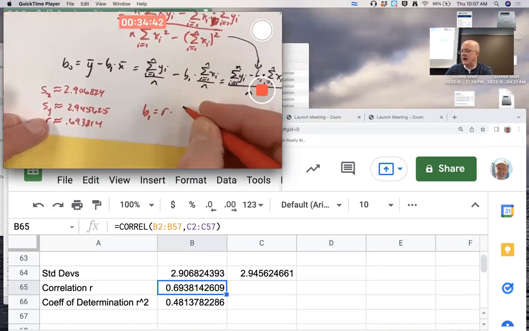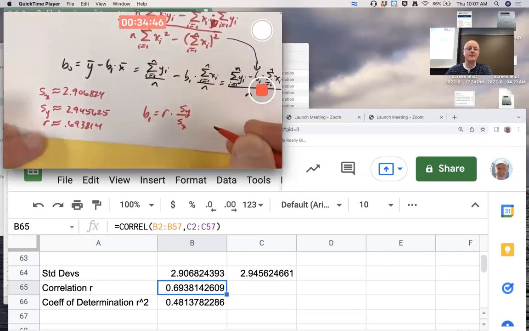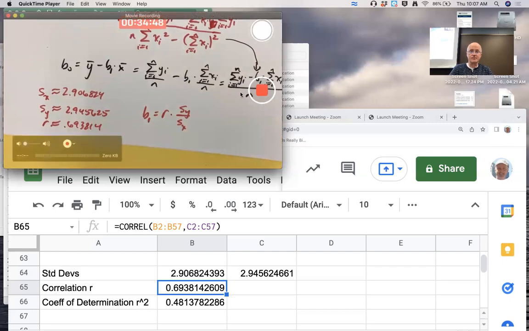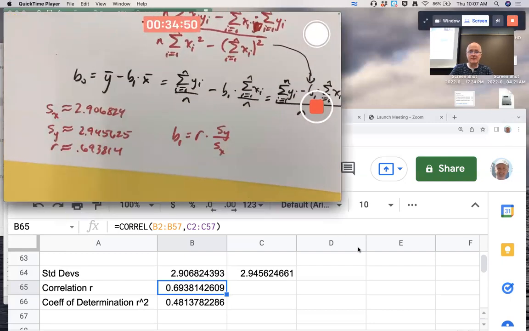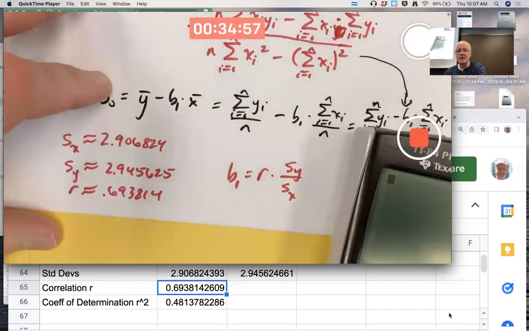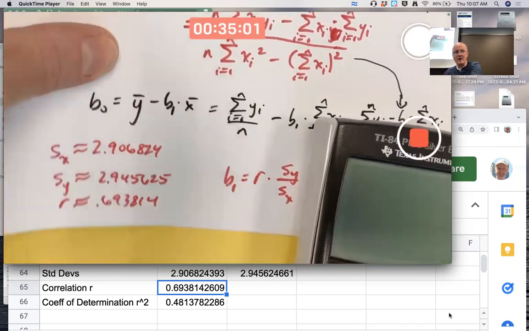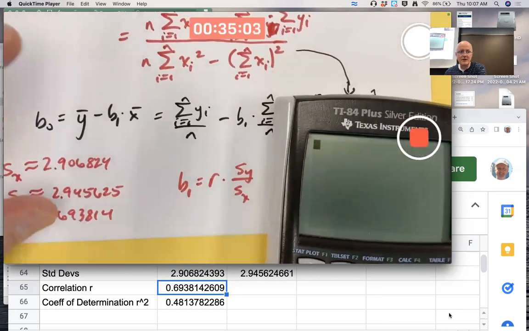It's the correlation times the ratio of the standard deviations, SY divided by SX. Try it. So the ratio of the standard deviations, which in this case is pretty close to 1, doesn't always happen.